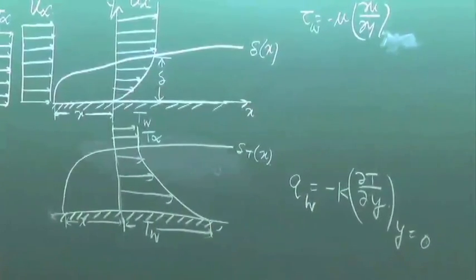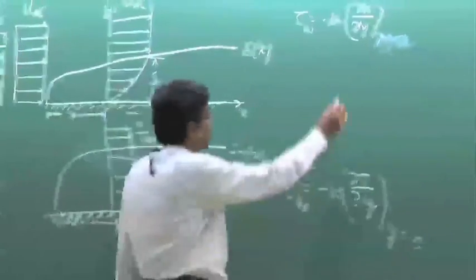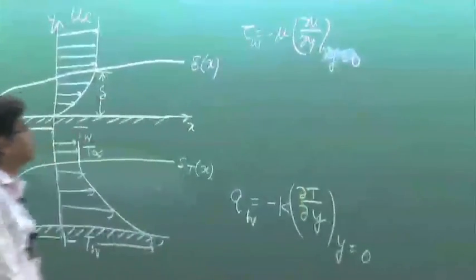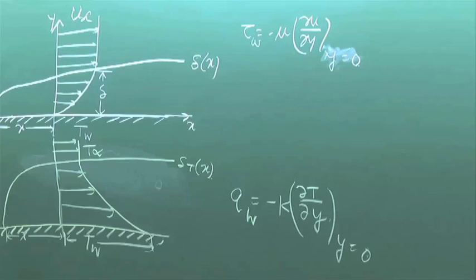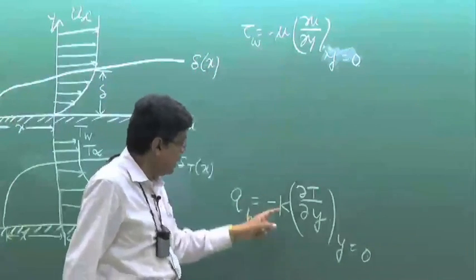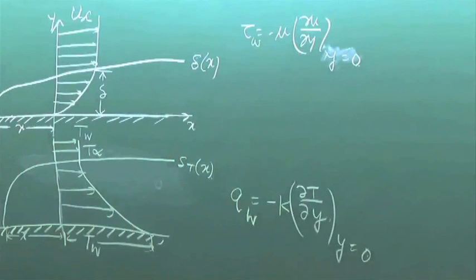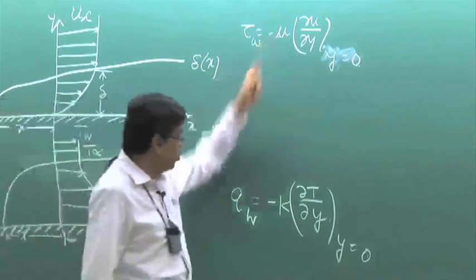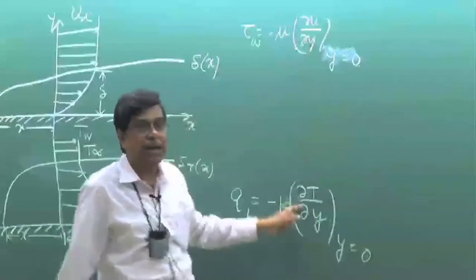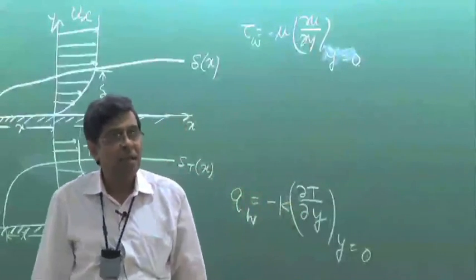Now you see the two equations look very similar. The shear stress is proportional to velocity gradient with the factor of proportionality mu, coefficient of viscosity, and here it is the thermal conductivity k. So therefore you see for a fluid with given values of mu and k, both shear stress and the heat flux depend on velocity gradient and temperature gradient.